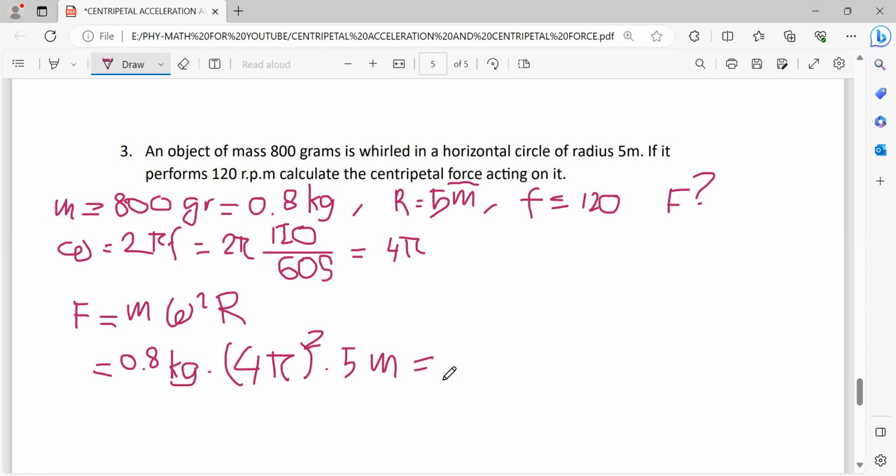If you calculate, 0.8 times 16 times 5 with pi squared, it's going to be 50.24 newtons. I'm going to fix this: this is squared, this is omega.